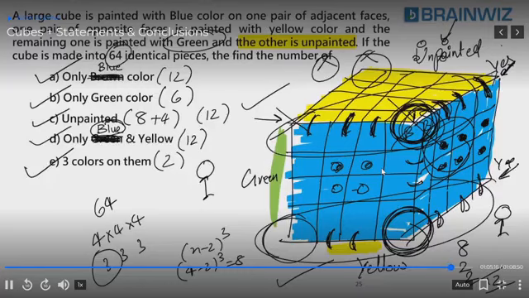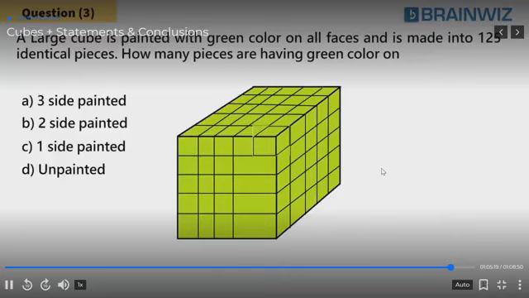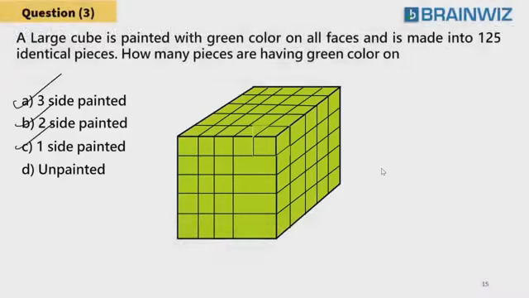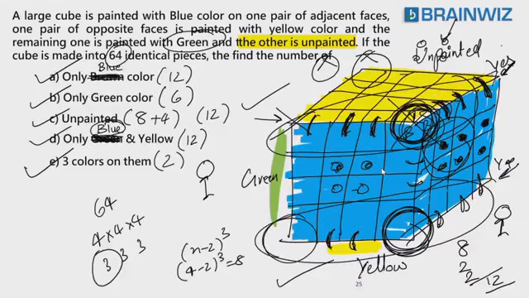Hope you have understood this multicolor. These questions, 3-side painted, 2-side painted, 1-side painted, unpainted, are fully formula. But if somebody asks you multicolor, you have to draw, you have to color, you have to cut the cube, and then you have to count.